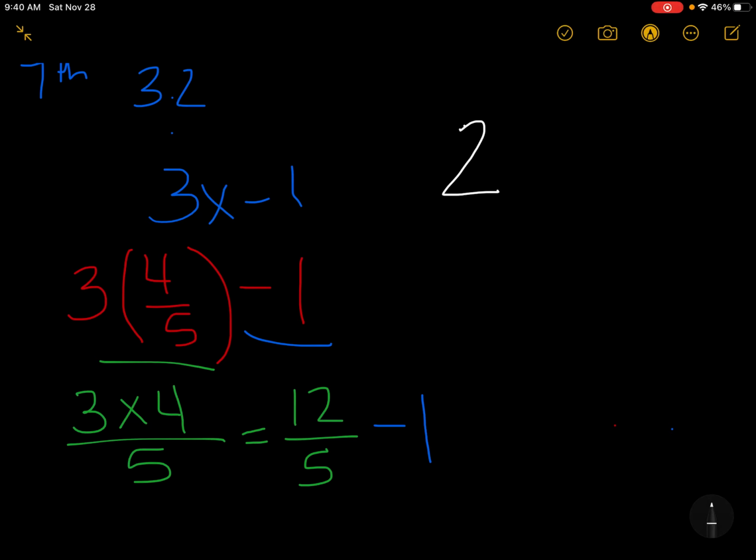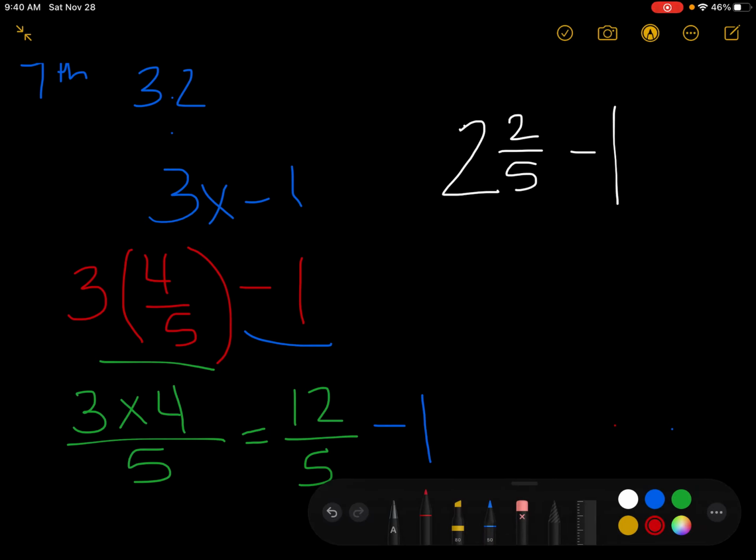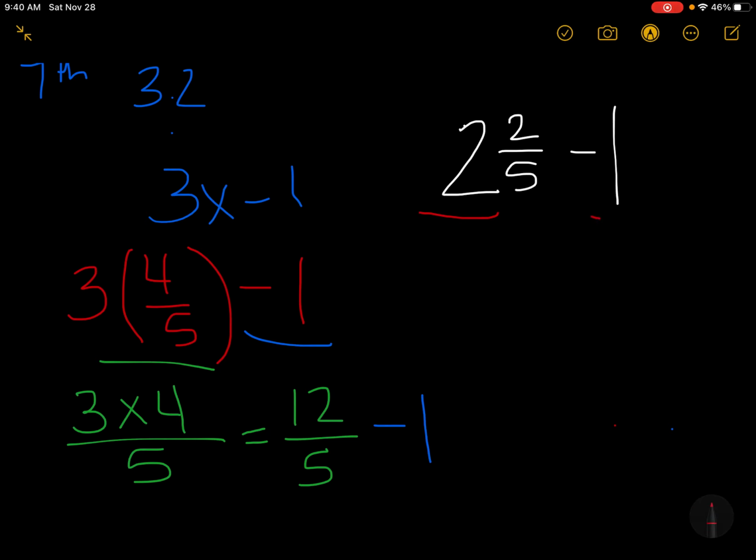That would be 10 fifths that we just pulled out, and we are left with 2 fifths. And we are subtracting one of those, so we can subtract our whole numbers first. 2 minus 1 is 1, and we are left with that partial piece of 2/5.